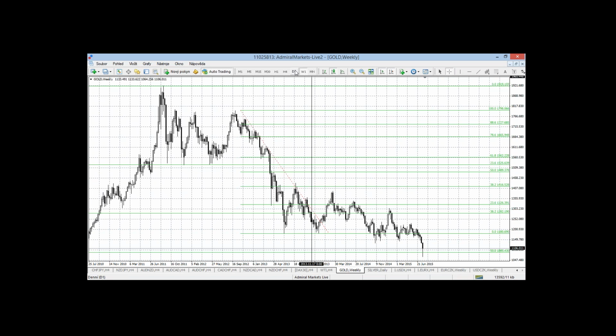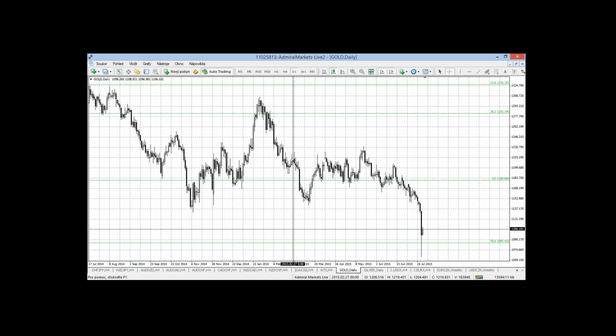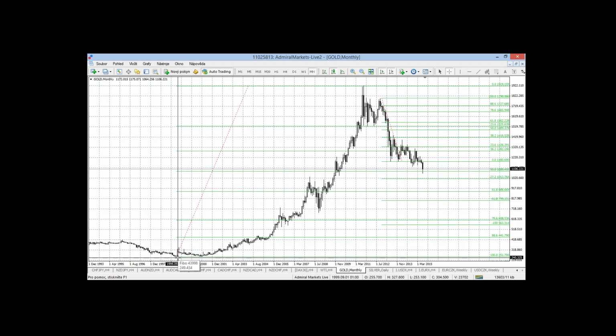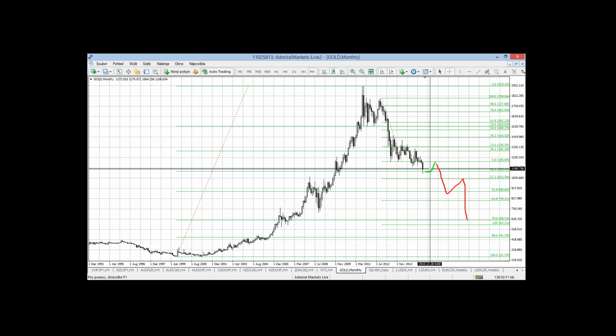So from that point of view, we are in momentum to the downside, no doubt about it. We hit the 50 fib of the swing high when counting from 1999, 2000 up to 2011. That could provide a bounce, and then we'll have to see. It is in a downtrend, so resistance could easily kick in again and push it to the 61.8. Again, a bounce, maybe even lower. Who knows? Maybe not.